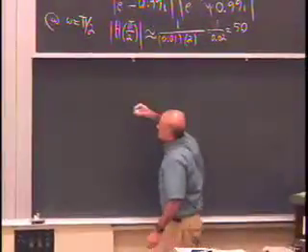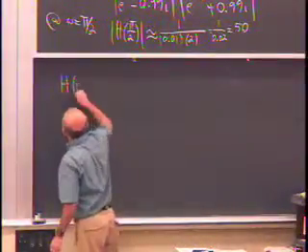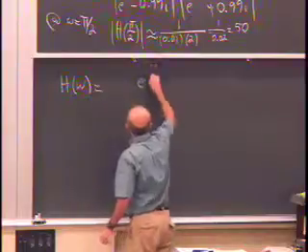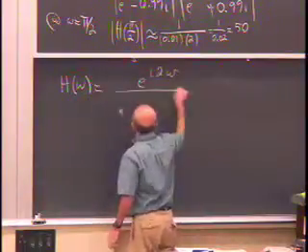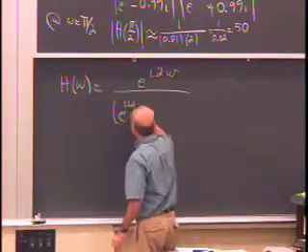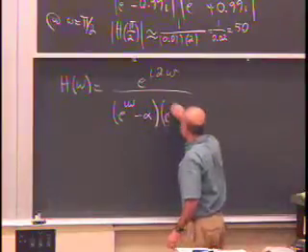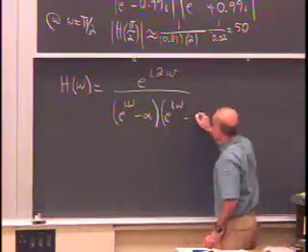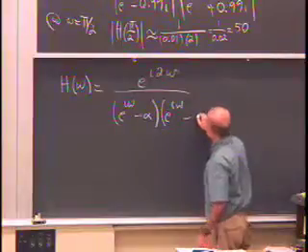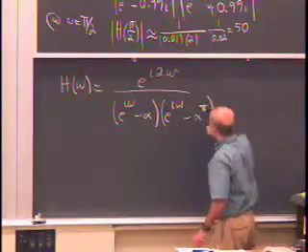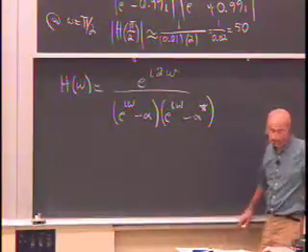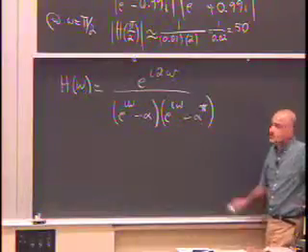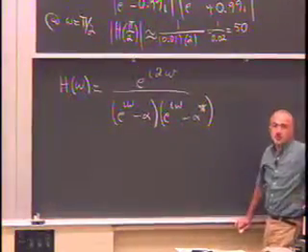Actually, we're prepared to write this as H of omega is e to the I 2 omega over e to the I omega minus alpha and e to the I omega minus alpha star. Right? That's essentially what that filter is. And you pick your alpha.